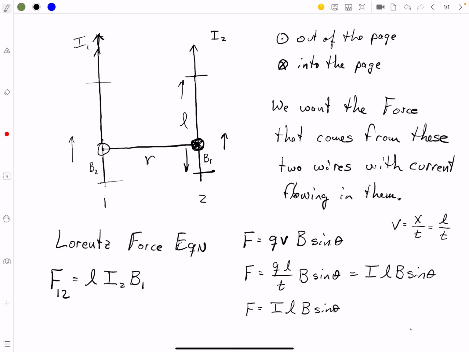And then we're going to multiply by the sine of theta. But the sine of theta, everything's perpendicular to each other. So theta is equal to 90 degrees, making this equal to 1. So we're good there.